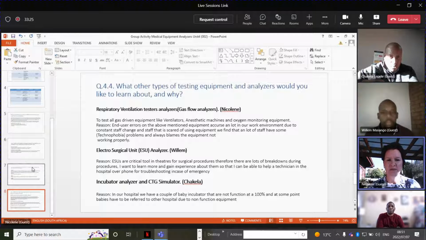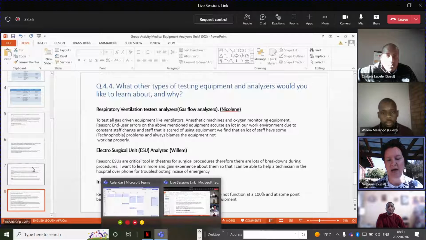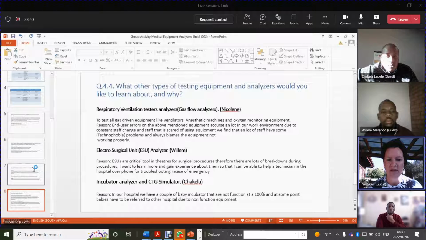What other types of testing equipment and analyzers would you like to learn about and why? Respiratory ventilation testing analyzers, like gas flow analyzers, to test all gas-driven equipment like ventilators, anesthetic machines, and oxygen monitoring equipment.